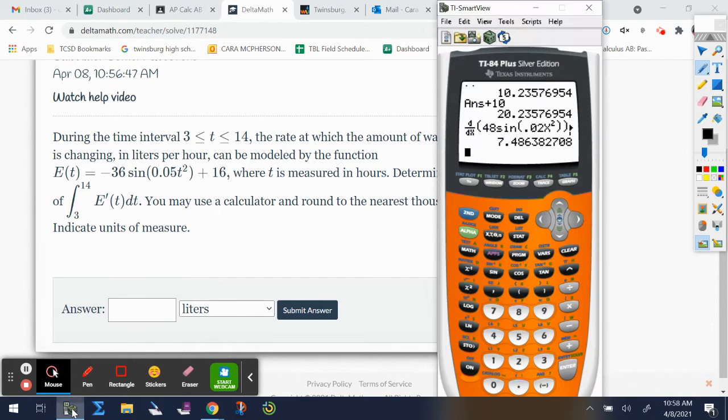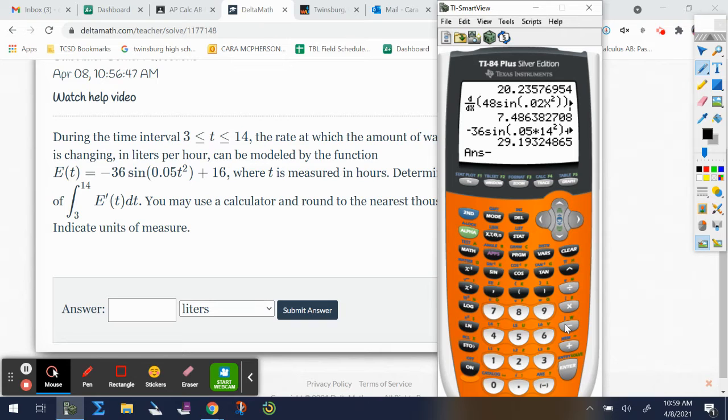So on my calculator, I'm going to do negative 36 sine of 0.05, and I'm plugging in 14, so times 14 squared, plus 16. So that's going to be your e of 14, minus you want to do e of 3.